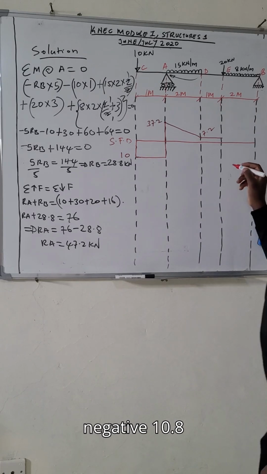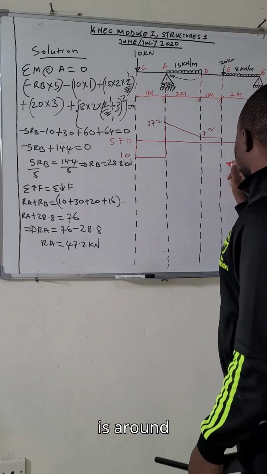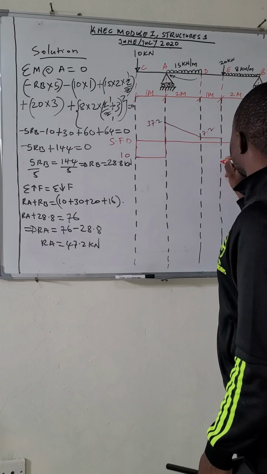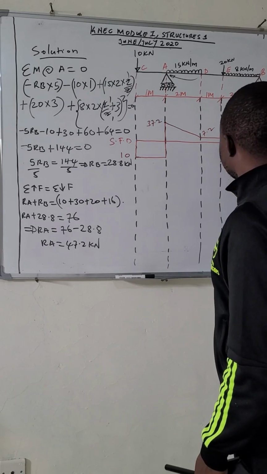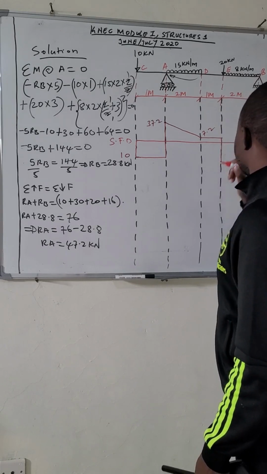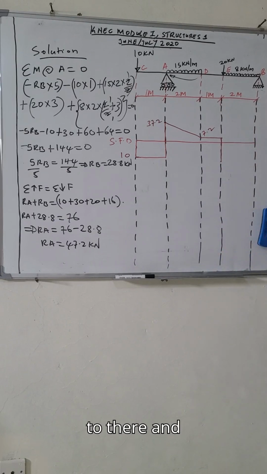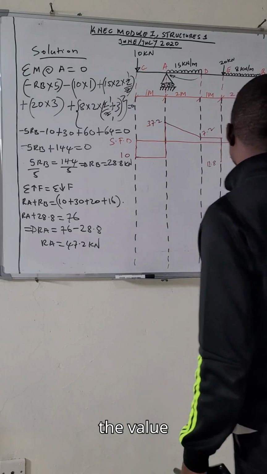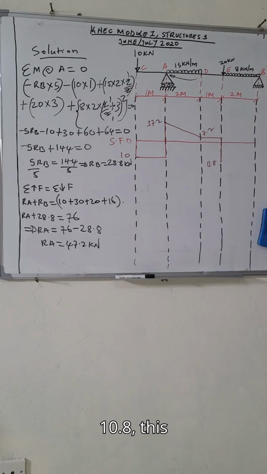So negative 12.8 is around there. So we have the line extending up to there, and then give it a value 12.8.